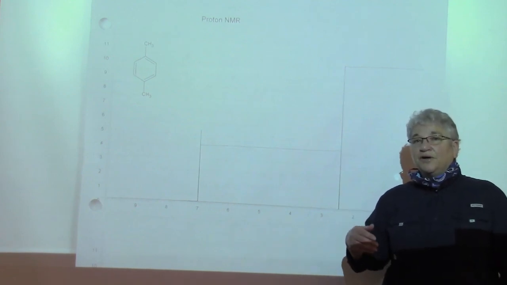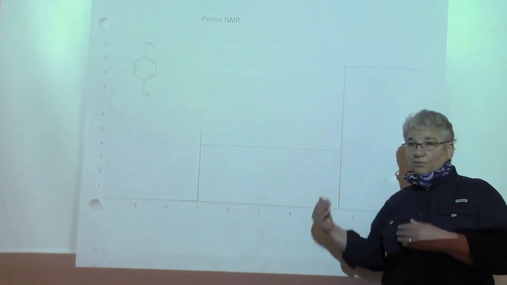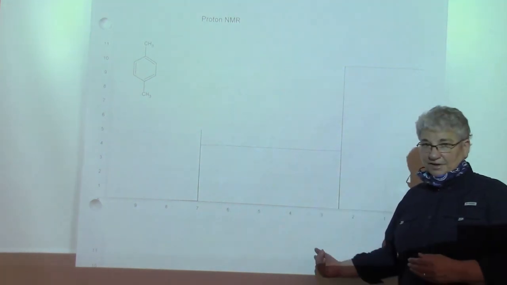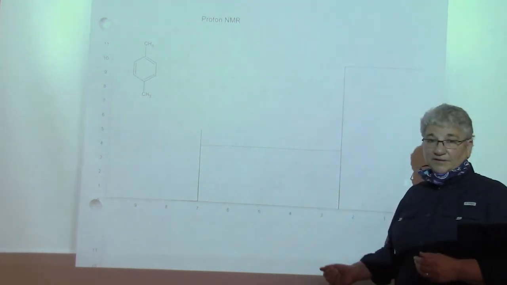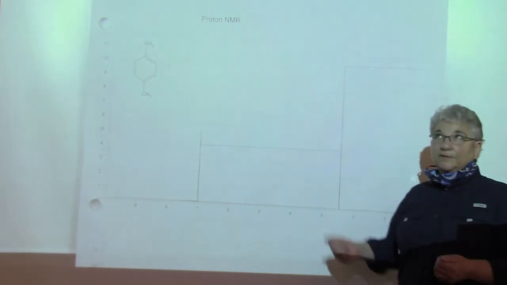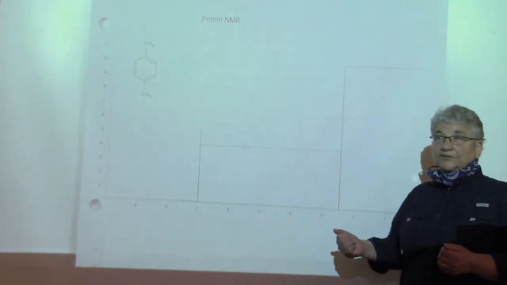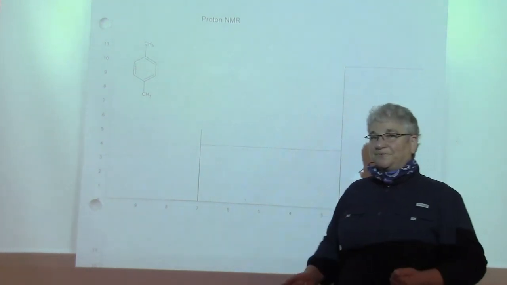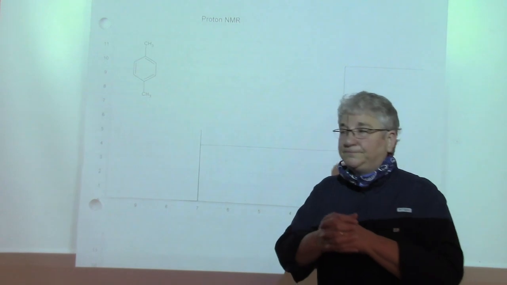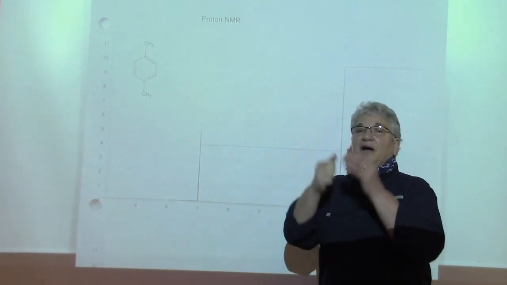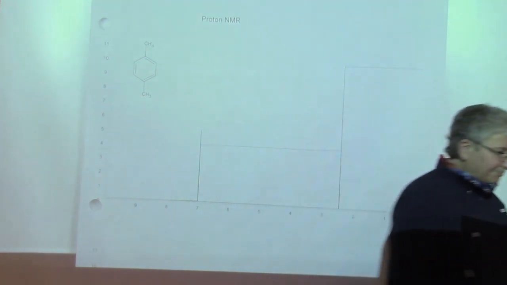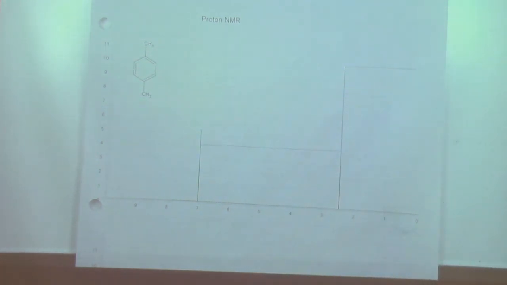And so instead of 1 to 1.5, that's really 2 to 3, or 4 to 6, or 6 to 9. Let me make sure I did my math right. Right? So it's just a ratio. But integration is important because of what it tells you. It tells you how many protons are represented by that peak. All right. That is integration.